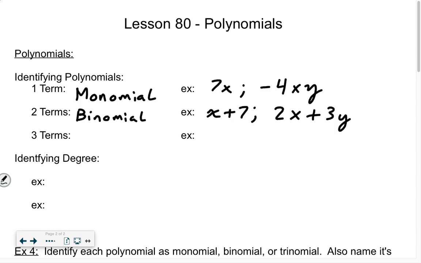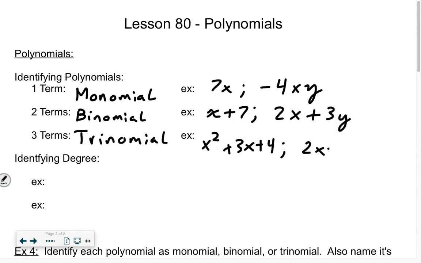If we have three terms in a polynomial, that is considered to be a trinomial, which a trinomial could be x squared plus 3x plus 4. It could also be 2x minus 4y minus 5. Notice none of those terms are the same term, therefore they have to be left alone as the three terms written there.